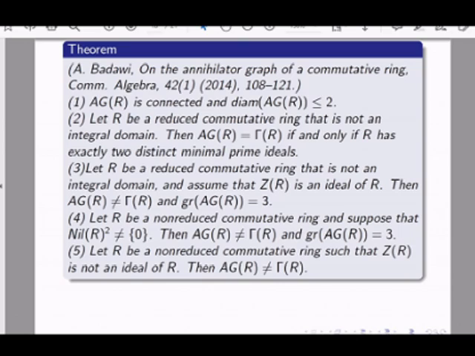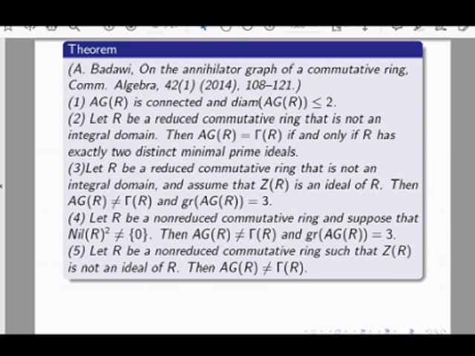And as I told you, this is the kind of property I always look for. The annihilator graph is identical. Okay, can you tell me something about the ring? I tell you, yes: your ring has exactly two distinct minimal prime ideals, and vice versa.